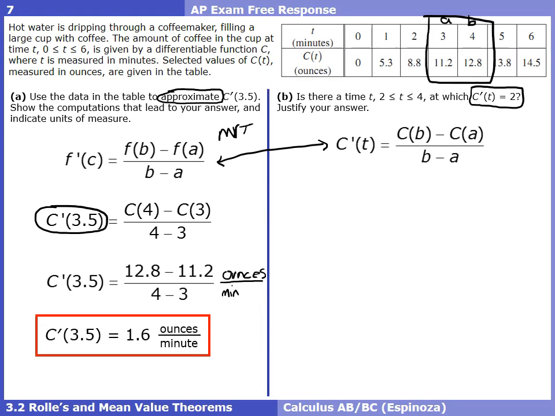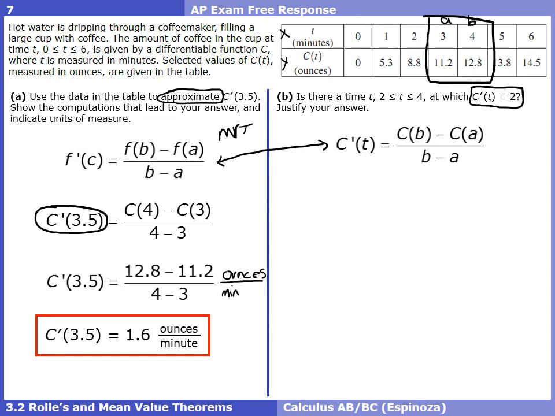But again, since we're dealing with different letters in this problem, we don't have an f function, we have a c function. And since our x values are really t values, I'm going to go ahead and change the mean value theorem to just using these letters.